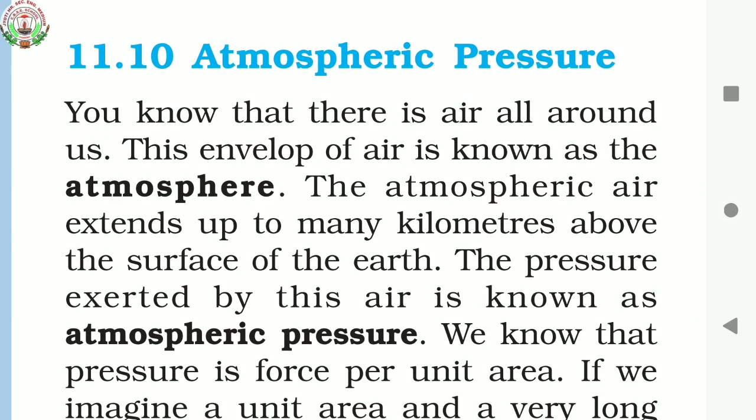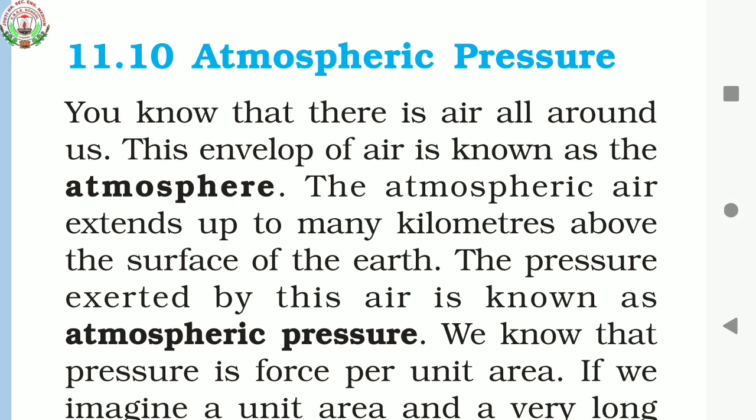Let us see what is atmospheric pressure. You know that there is air all around us. This envelope of air is known as the atmosphere. It extends up to many kilometers above the surface of the earth.